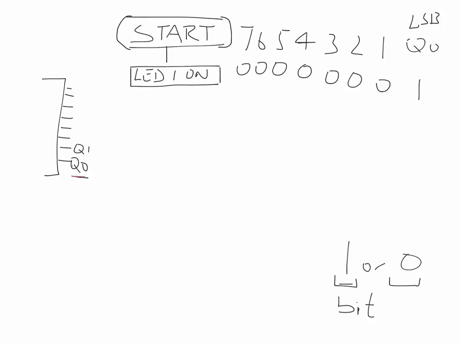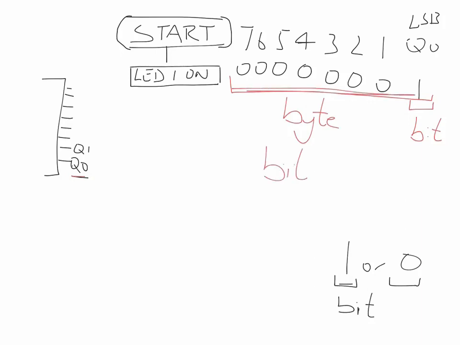Which leads me on to the name that we give all of this. One individual number is known as a bit. 8 of those numbers is known as a byte. But we can also classify this code, all the string of numbers, as a bit pattern. A bit pattern is used to control the outputs that I'm pointing at on here.